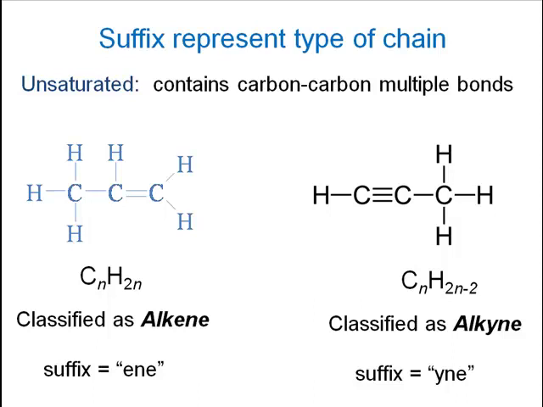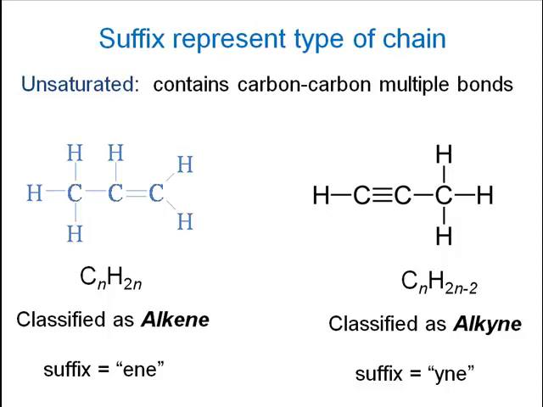So you look at what's less, 1 or 2. 1 is less, so you count from this side. So this could also be called 1-propene, because that's where the double bond is located. Although in this case it doesn't really matter, because if you flip it to the other side, you have no options.